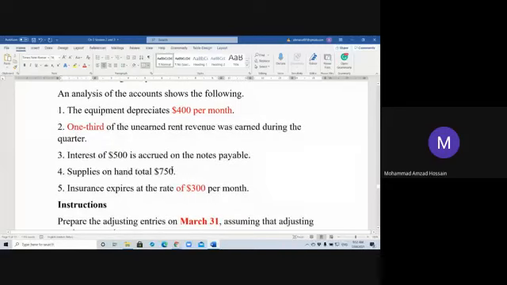Interest of 500 is accrued on the notes payable. Accrued means it is owed but not yet paid. So interest of 500 taka has accrued on notes payable. When interest is accrued, what will be the journal? It is the total accrued interest, so you don't have to calculate anything more.